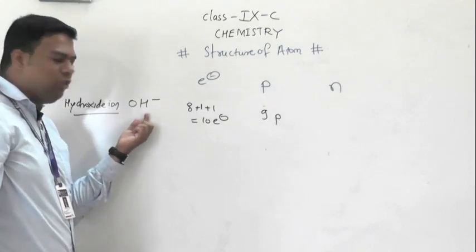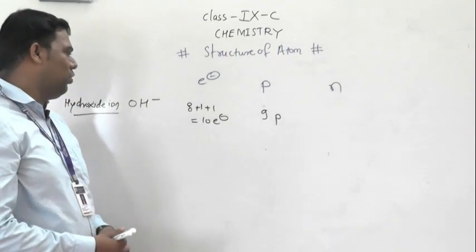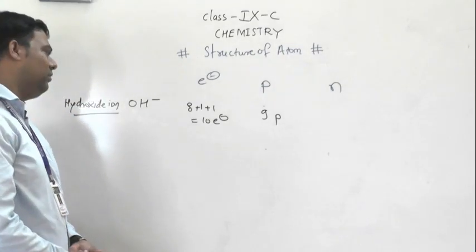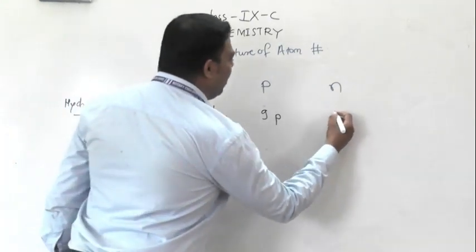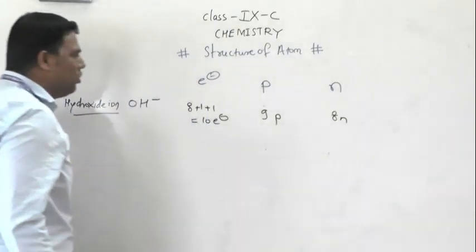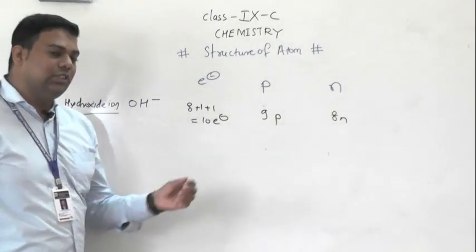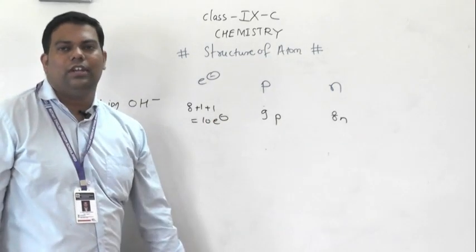Understood? Hydrogen has no neutron. So in your OH minus, the number of neutrons is 8, because hydrogen doesn't have neutrons. Understood? So these are some species for which we did electrons, protons and neutrons.